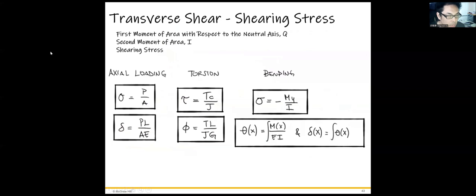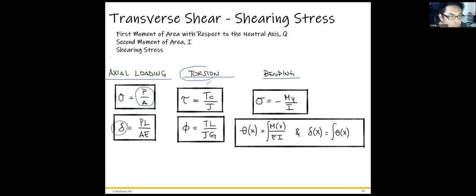Okay, so that's the brief summary. We already know the loading conditions: axial loading, torsion, and bending. For axial loading, the stress is the force divided by area, and its elongation is PL over AE.